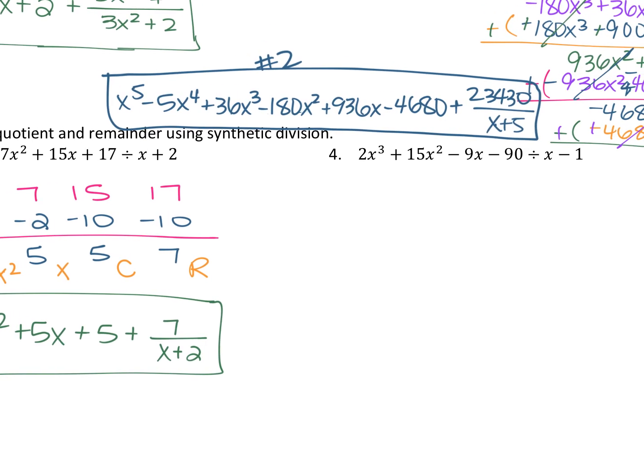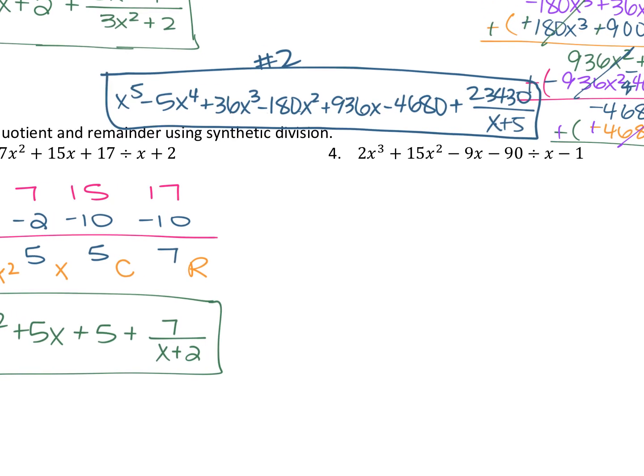For number 4, we have 2x cubed plus 15x squared minus 9x minus 90 divided by x minus 1. If you take that x minus 1, set it equal to 0, and solve, you're going to get that x is equal to 1. So on the outside, you're going to have 1. On the inside, you start with a 2, then the 15, then negative 9, and negative 90.